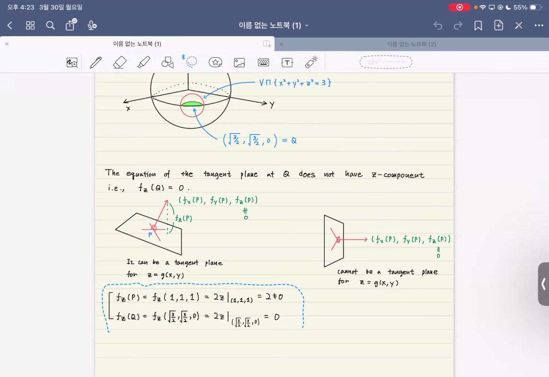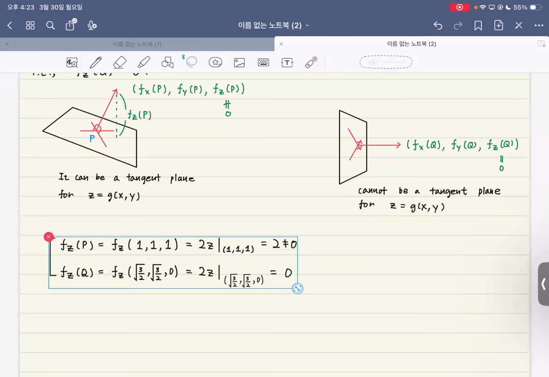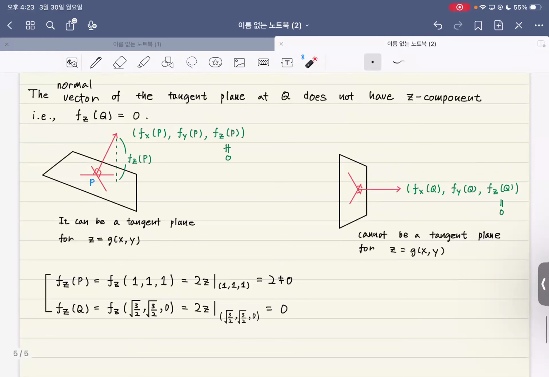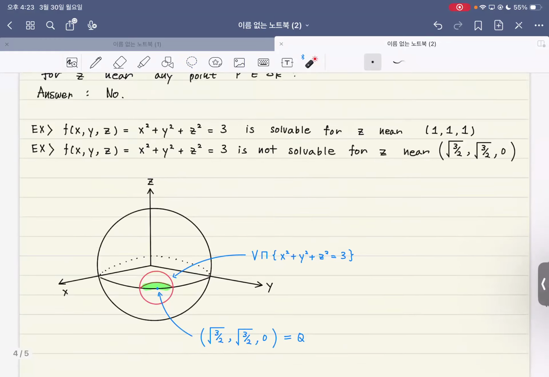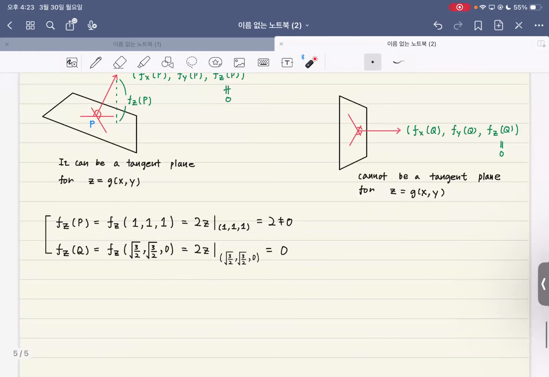Okay, in equations, I can explain it like this. In our case, f was x squared plus y squared plus z squared, and the last component of the gradient vector is f_z. At point P, the last component was 2, which was non-zero.